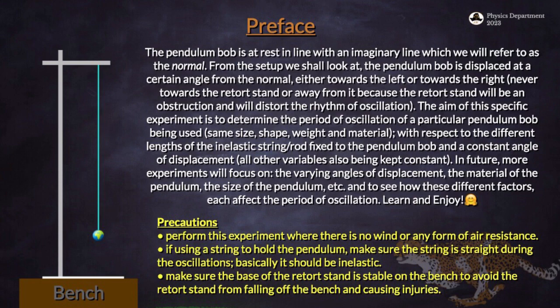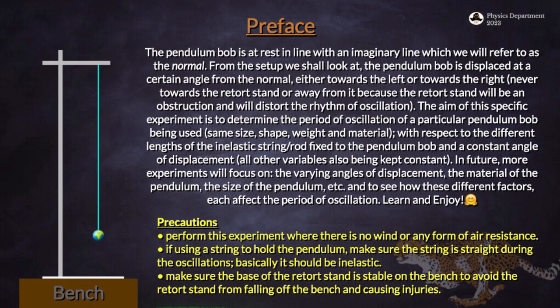So, and then we have the clamp, which holds that blue vertical line. That's the string that holds the pendulum bob, which is in the shape of the earth in our case. It can be made of different material. As you can see, we have to have the same size, shape, weight and material for this experiment.